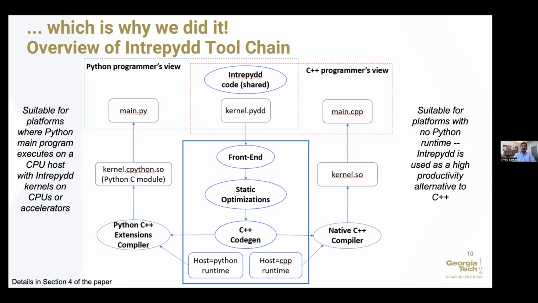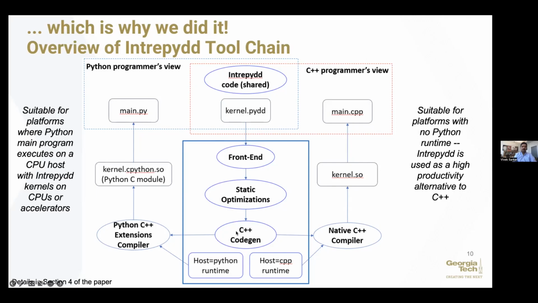That's really the primary extension, but I'll summarize the changes in another slide. And we've showed how we can use that as input. Our file extension is pydd for Intrepid. There was a historic reason as to why we have these 2 Ds, because our project was called Daring with 2 Ds. We have a front end, we have static optimization.